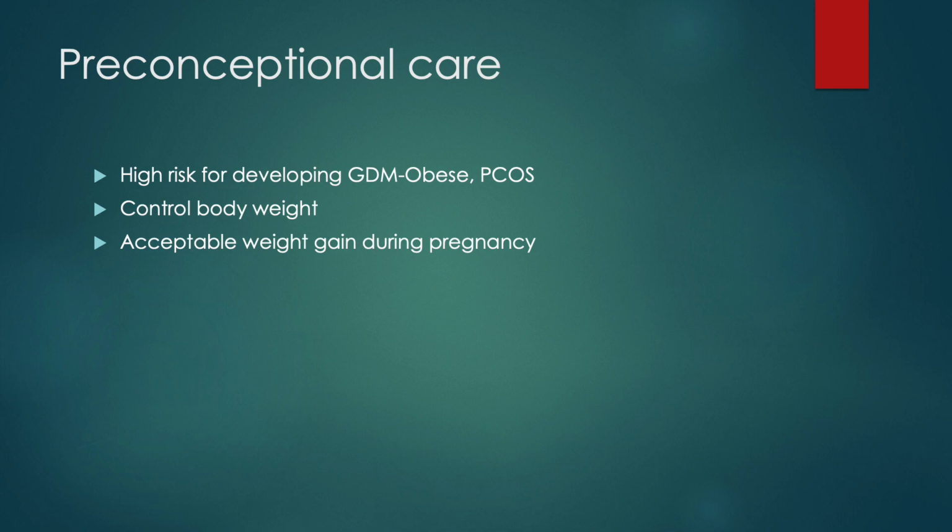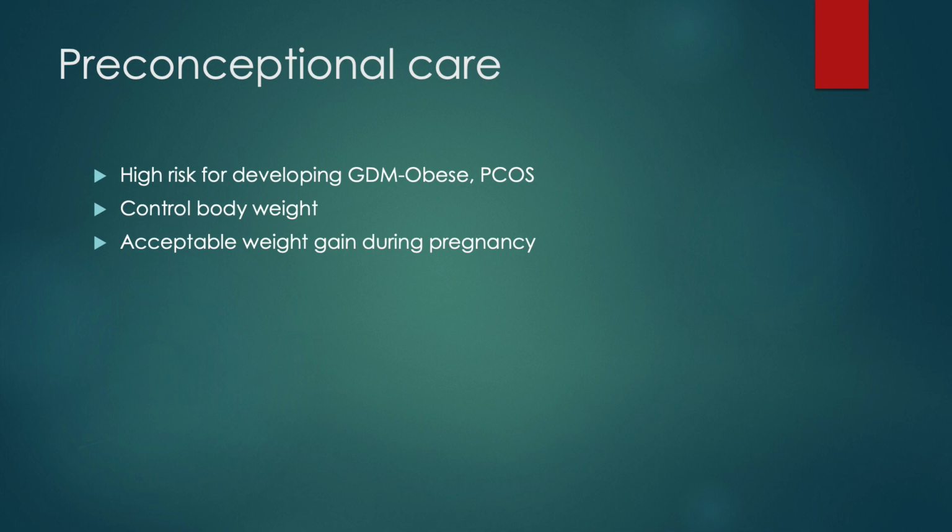They should also be made aware of the acceptable weight gain during pregnancy. In a woman with a normal BMI, that is between 18 and 23.5, the acceptable weight gain is between 11 to 15 kg in pregnancy.